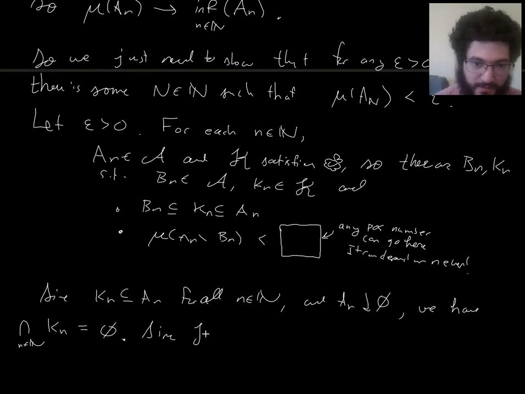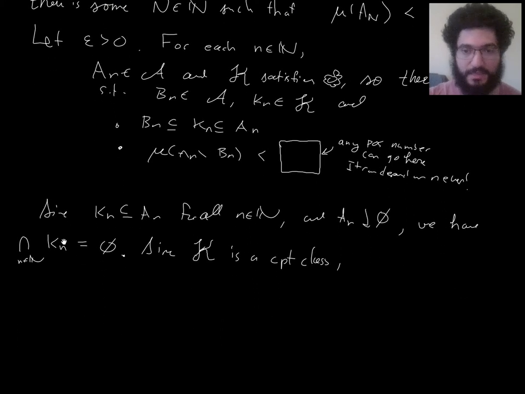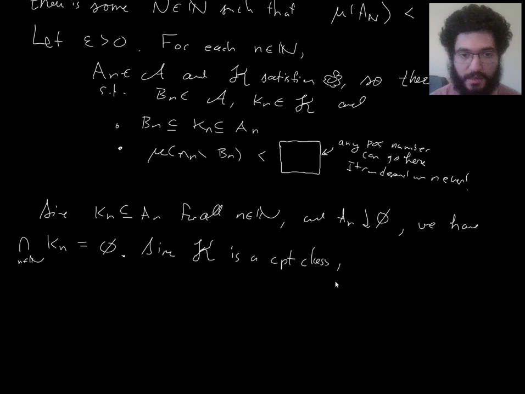So since fancy K is a compact class, and again, there's no topology or anything with metric spaces going on here, even though the word compact is showing up. It's just this idea of compact class. Nothing necessarily to do with compact sets.